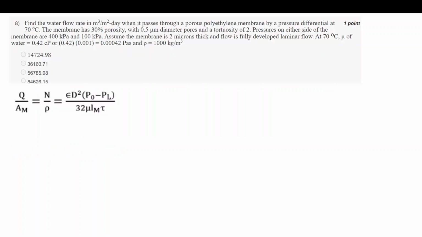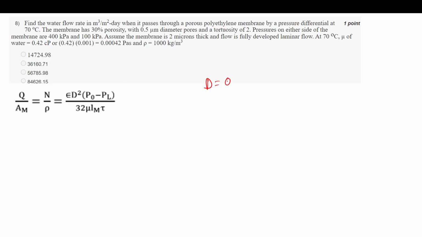Now next is a numerical which we need to solve. Okay, so let's read the question. Find the water flow rate in meter cube per meter square day, which is nothing but flow rate per unit area, when it passes through a porous polyethylene membrane by a pressure differential at 70 degrees Celsius. The porosity of the membrane is 30%, and the diameter of pores is 0.5 micron.